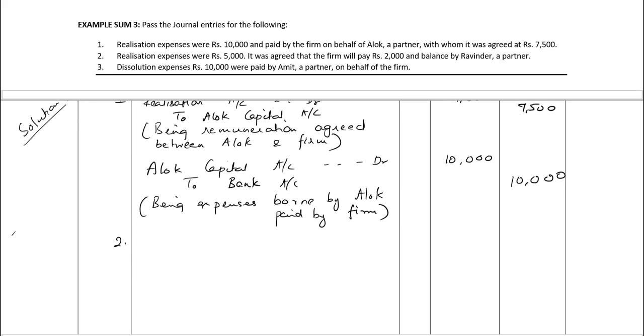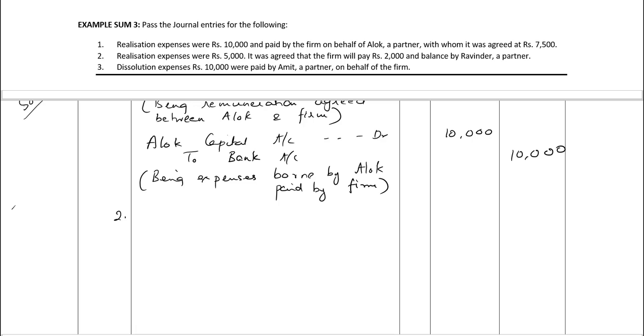Second, realization expenses were rupees 5,000. It was agreed that the firm will pay rupees 2,000 and balance by Ravinder, a partner. So rupees 5,000 to be borne by the firm. Out of that, rupees 2,000 paid by the firm and balance 3,000 paid by Ravinder.